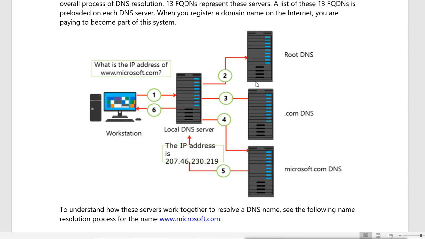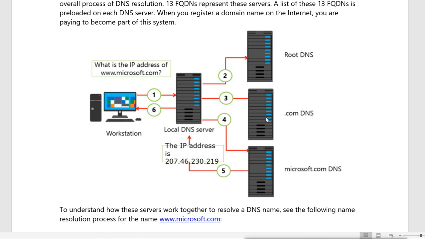Now what does this root hint server check? It will check the name here, www.microsoft.com. It will check the last part, whether it is .com, .org, .edu, .gov. These are top level DNS servers.